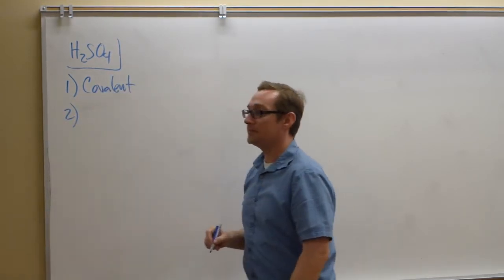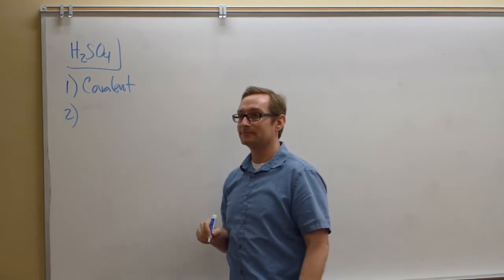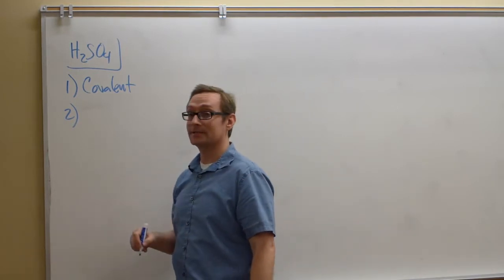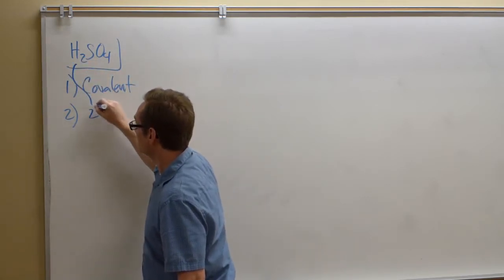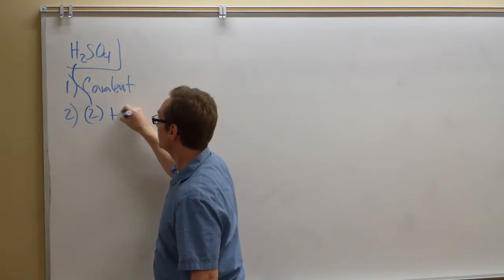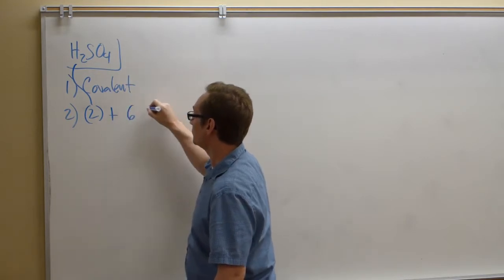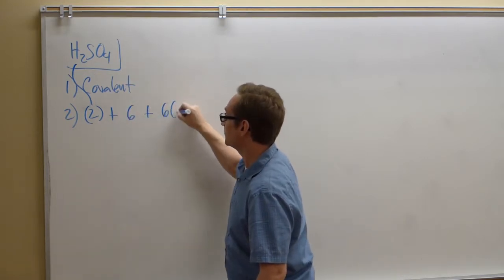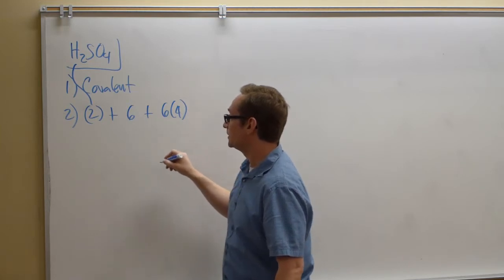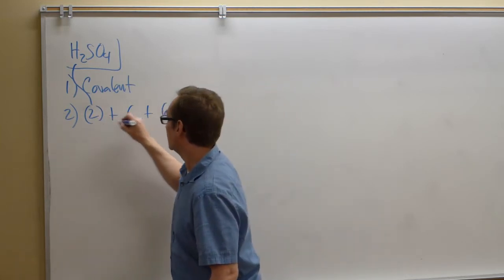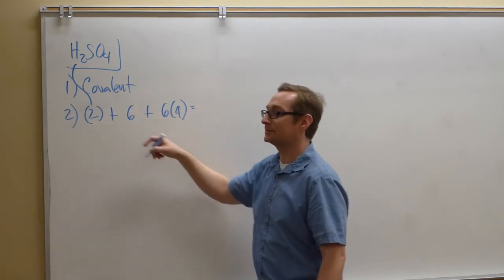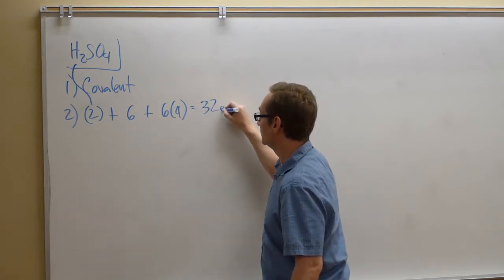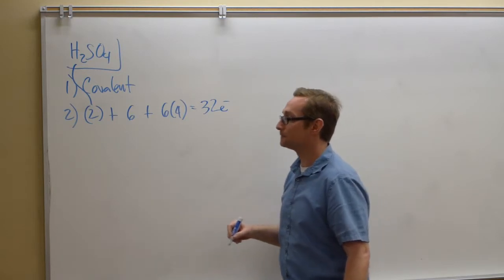Okay, how many valence electrons are in this compound? 32. Yeah, so I've got 2 from the hydrogens, and I've got 6 from the sulfur, and I also have 6 from each of my 4 oxygens. So grand total, I've got 24 plus 8, that gives me 32 total valence electrons.